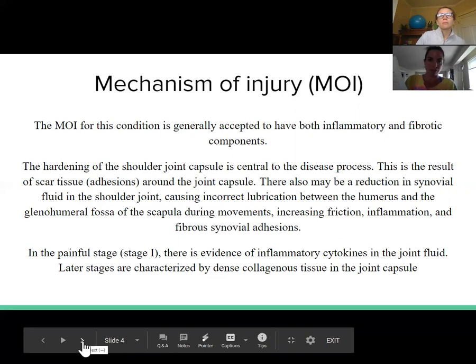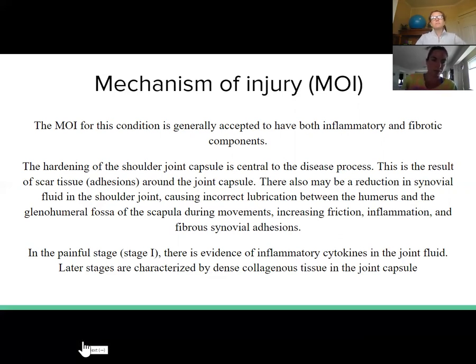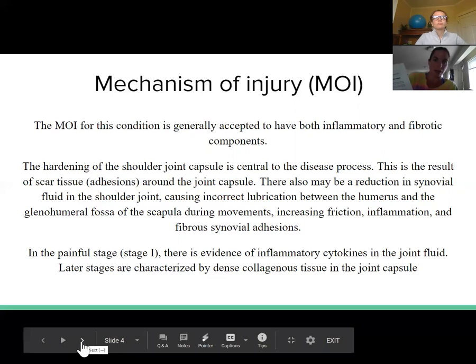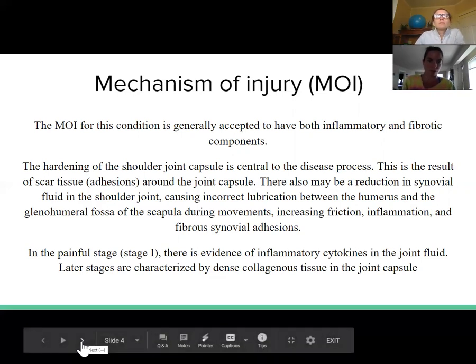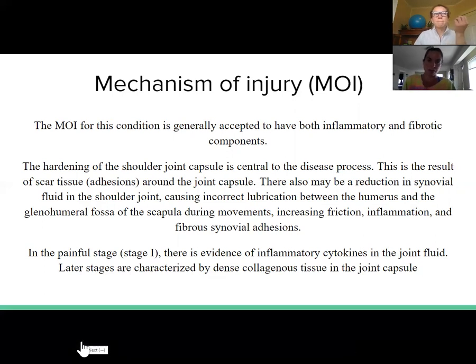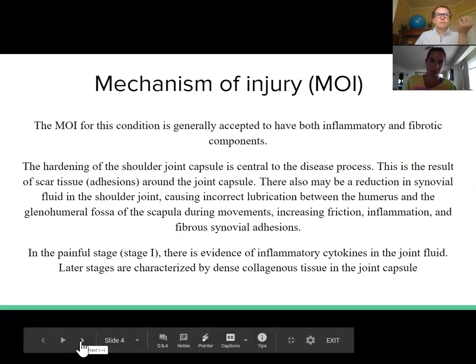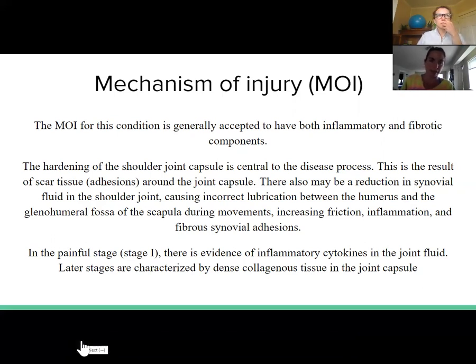And because of this reduction of the synovial fluid, we start to see incorrect lubrication between the head of the humerus and the glenoid fossa of the scapula during movements, which is going to affect the arthrokinematics of the joint. It is going to increase friction, increase inflammation, and increase fibrosynovial adhesion. So it's kind of a cat chasing its own tail.